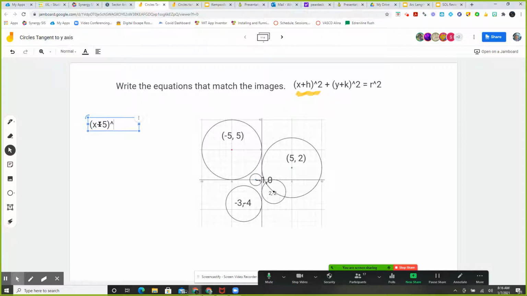They're backwards. And then it's always a plus. And then if I have a plus 5, then I need y minus 5. And then the end is always the radius squared. So the radius is 5. So I'm going to do 5 squared.